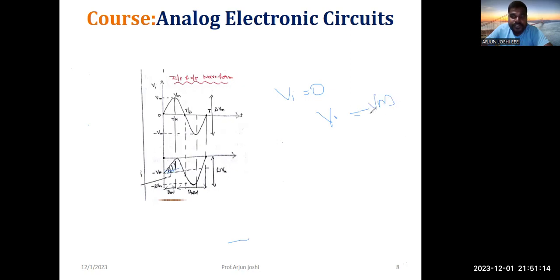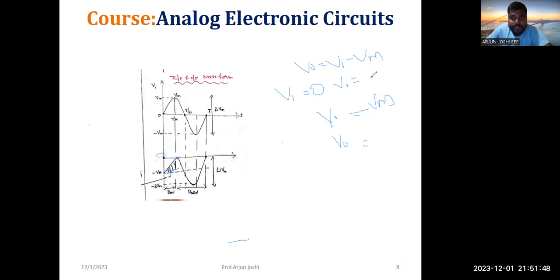What is the equation? V naught is equal to Vi minus Vm. Whenever Vi is equal to 0, the output is minus Vm. Whenever Vi is equal to Vm, the answer is 0.